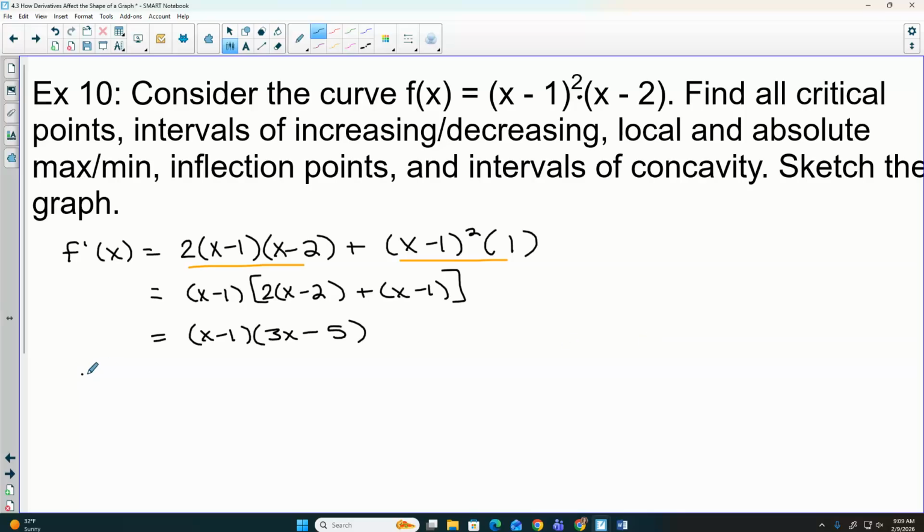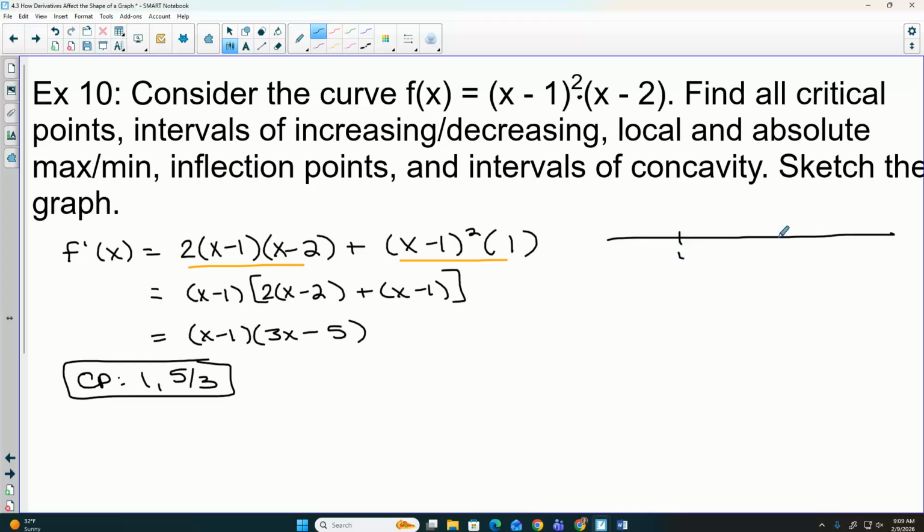Can you tell me the critical points then? When that would be equal to 0? 1 and 5/3. So now we can use this to find increasing, decreasing, max and min. Okay, so smaller than 1.